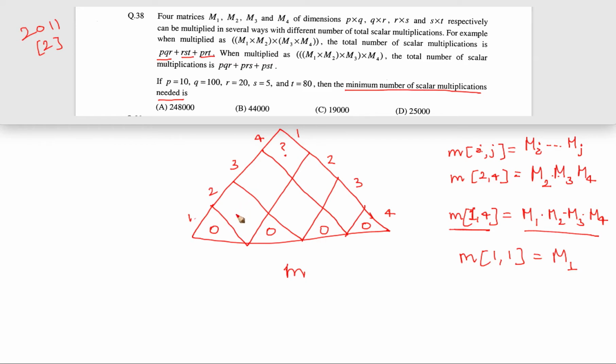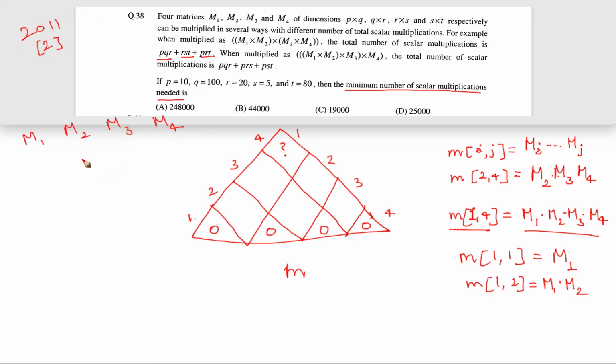M1 comma 2 is basically M1 into M2. Now you might be understanding the dimensions, so let's write them here: M1, M2, M3, M4.